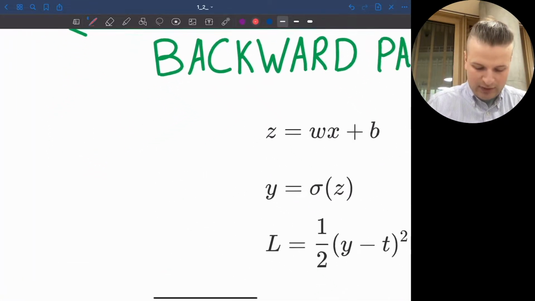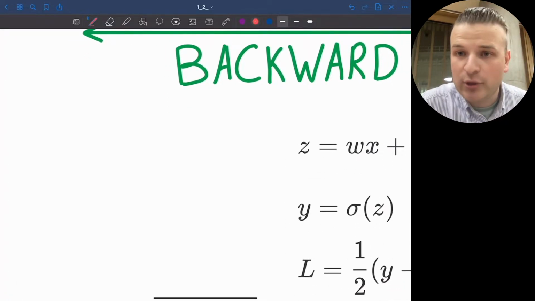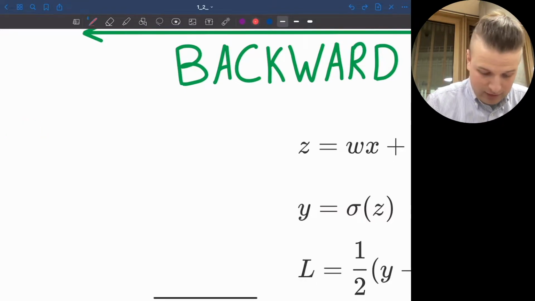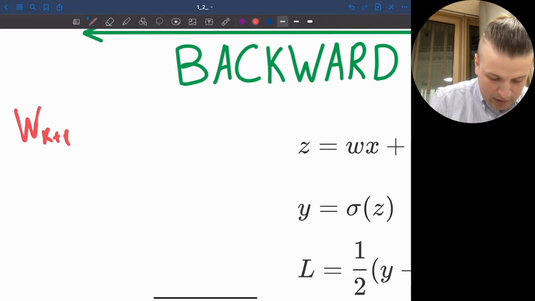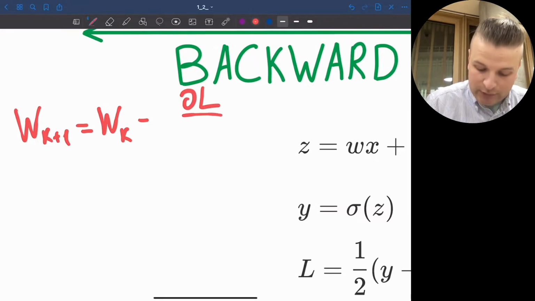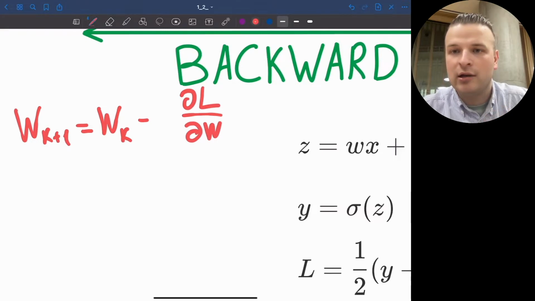What does it mean? It means actually that we update our weight, let's say W weight, iteratively in the following manner. Wk plus 1 is actually Wk minus the gradient or derivative of a loss function with respect to this parameter W, probably with some learning rate, right?